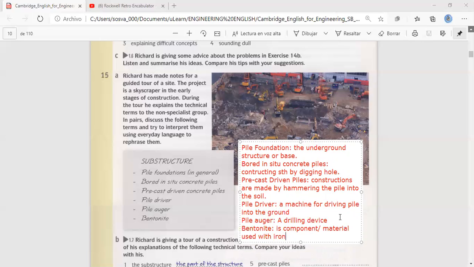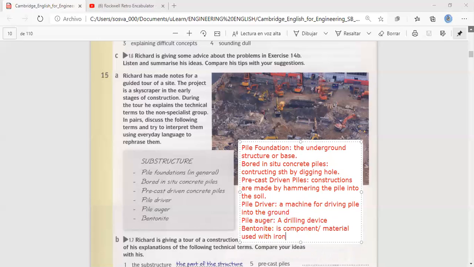It's like the additives that you put into the iron when you're melting iron so that it's stronger. Okay, it's an additive also. That's the main idea of it.